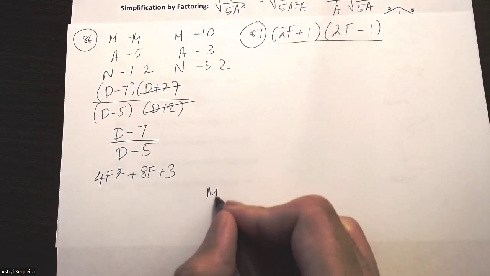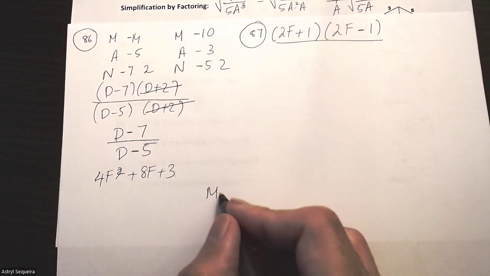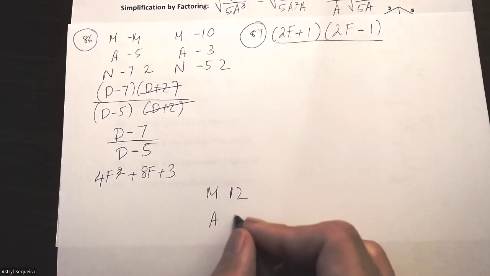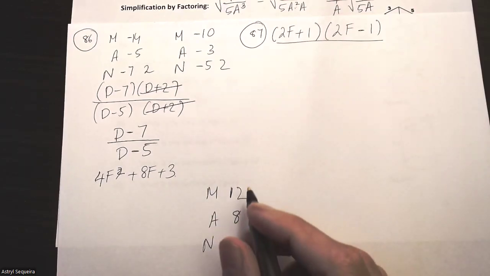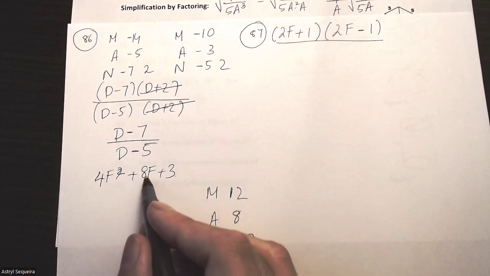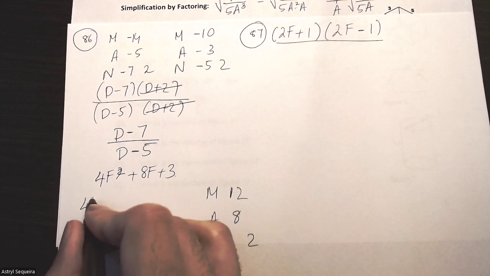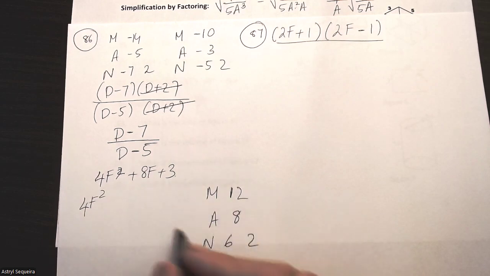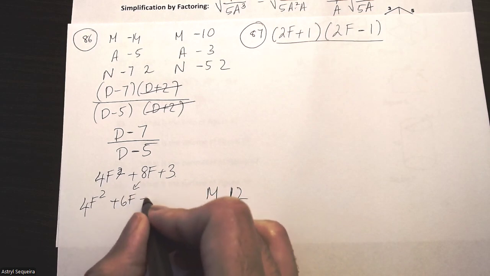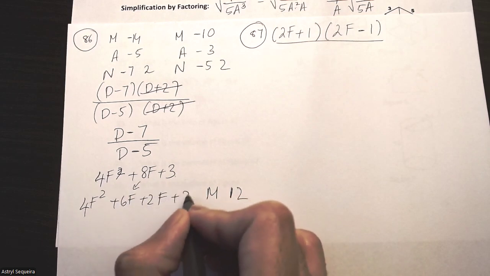So my multiplication for this one is the first number times the last number, which is 12. My addition is just the number in the middle, which is 8. And then two numbers that multiply to 12 and add to 8 are 6 and 2. So now I have to break down the middle term here into the two numbers. So 8f is going to break down into 6f plus 2f plus 3.